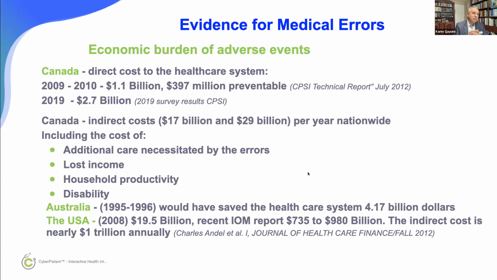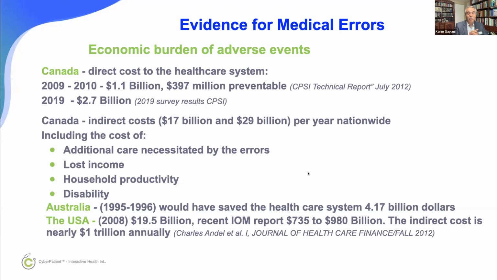Actually, the indirect cost is much, much more. It's about $17 billion to $29 billion per year. And it may relate to additional care necessitated by the error, loss of income, household productivity, and disabilities. The same statistics for the economic burden is for Australia.